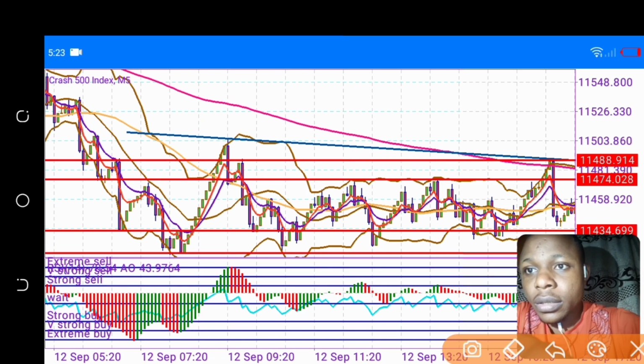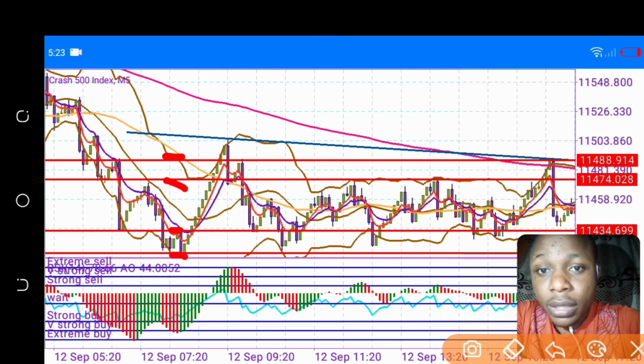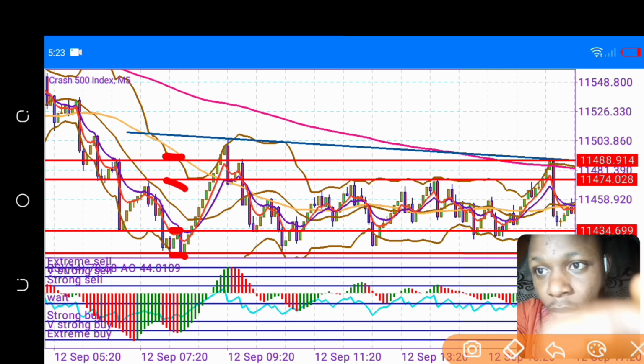So using this tool, this swinging strategy, you can see where you can enter for spikes since the market has started ranging. I taught you that anytime the market is touching this line or this line, you sell. Anytime the market is touching this line or this line, you buy, right? But we are trading spikes right now, so we are not buying.